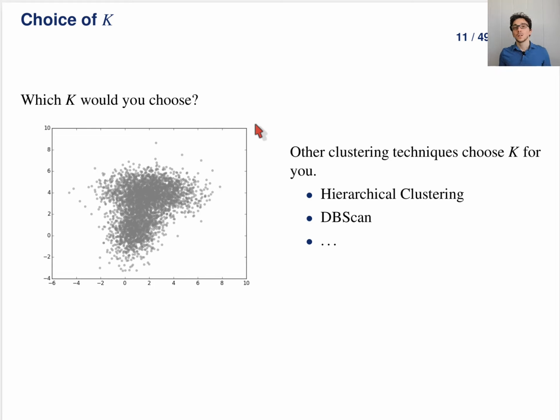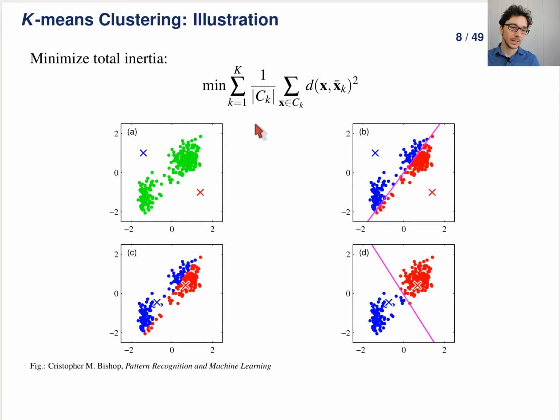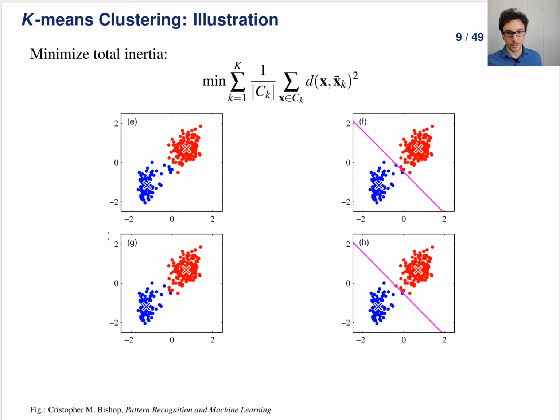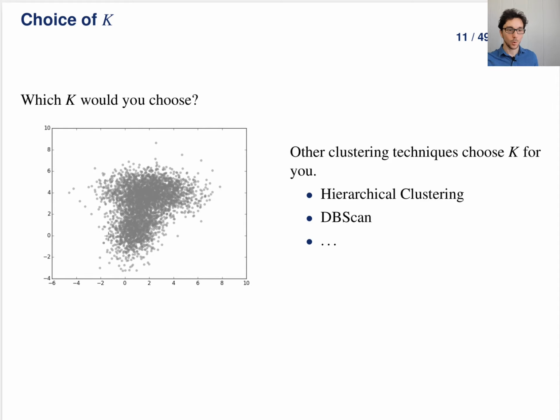Okay, so everything works, but we have to decide in advance what is the k. In the example that I gave you before, it is quite intuitive to see that a good k could be 2. But there are more difficult cases where it is not easy to decide what is the right k.